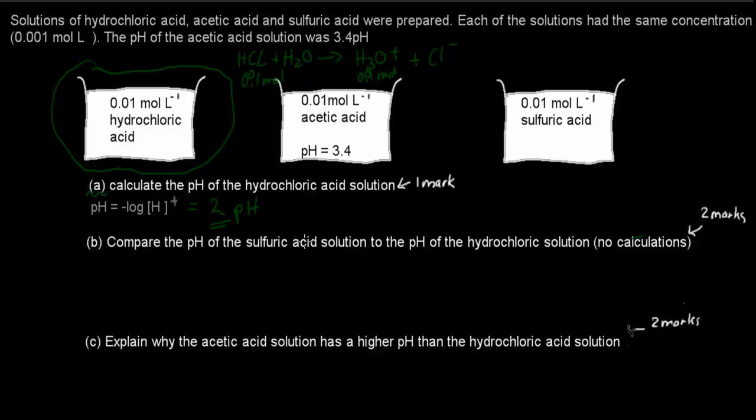And then what you can do next is you do B. For this A part, all you have to do is that calculation, and that would have given you your pH of 2.